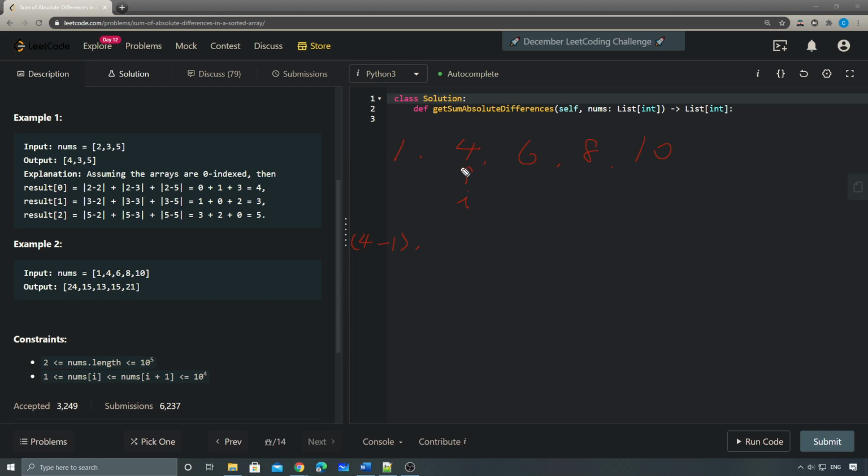The second one is 4 minus 4. It doesn't really matter which comes first because it will be 0. And then the third one will be what?